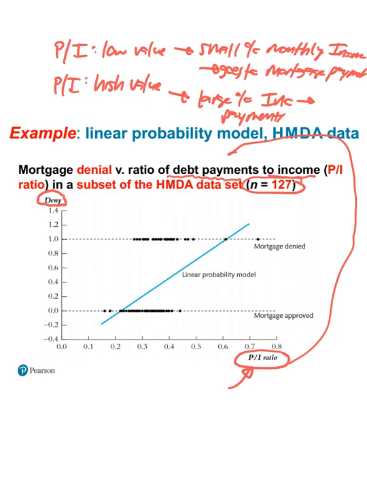Again, thinking about this from the bank's perspective, if your PI ratio is relatively low, you have a lot of money left over to pay for everything else that's important in your life. You are someone who's seen as a stable investment. Compare that to someone who has a high PI ratio, where a significant portion of their monthly income is going to their mortgage payments. So we think about this in terms of stability.